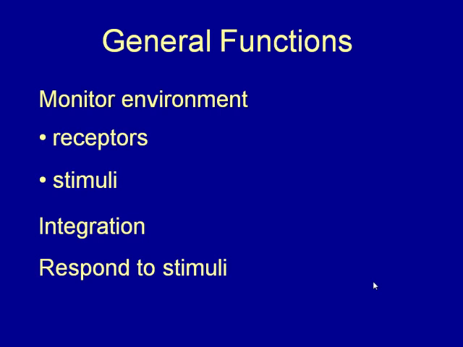This is sent to a central location where the stimuli are analyzed and decisions are made about how to respond. Once the decision has been made, response signals are sent to various effectors. These are muscles or glands that respond to the stimuli in a way that helps us maintain homeostasis.